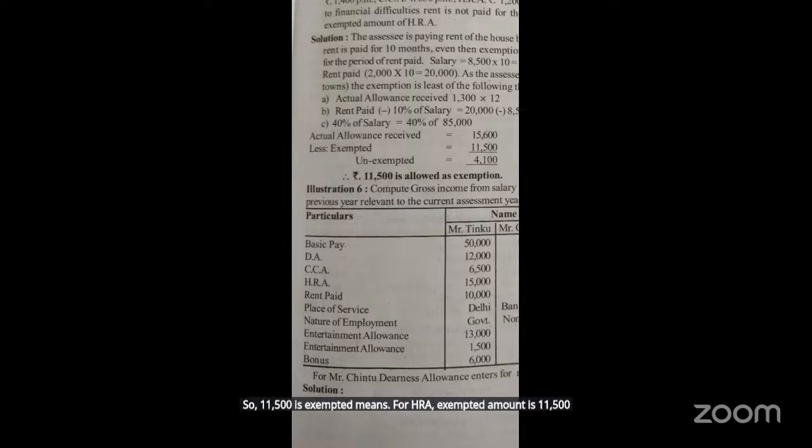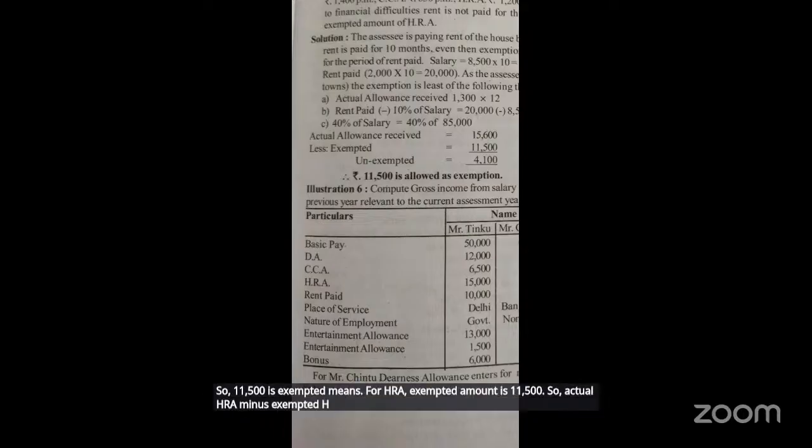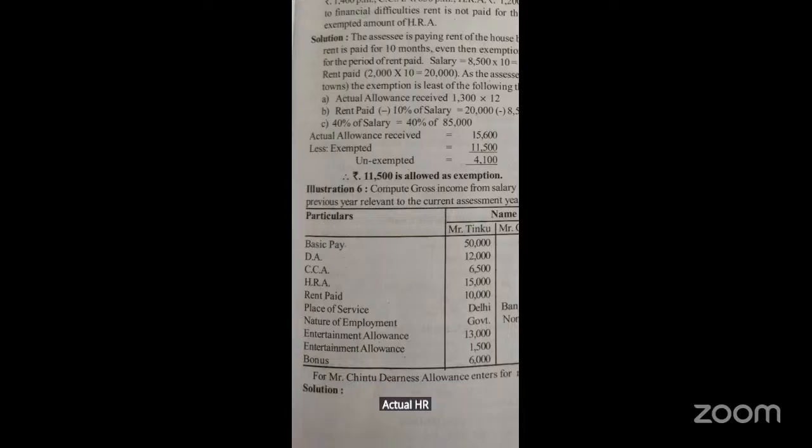So actual HRA minus exempted HRA. Listen here. Actual HRA and exempted HRA. How to calculate exempted HRA? It means the least of the three. What are the least of the three? Actual allowance; rent paid minus 10 percentage of salary; and in the case of metro cities, 50 percentage of salary, non-metro cities, 40 percentage of salary.